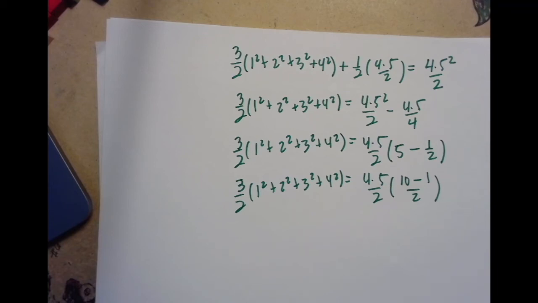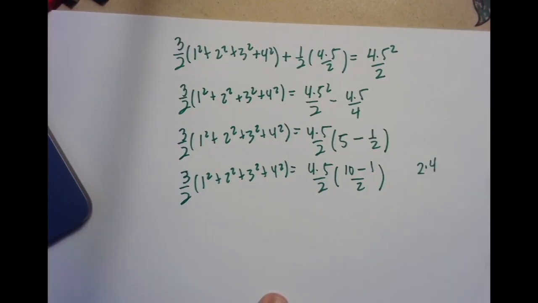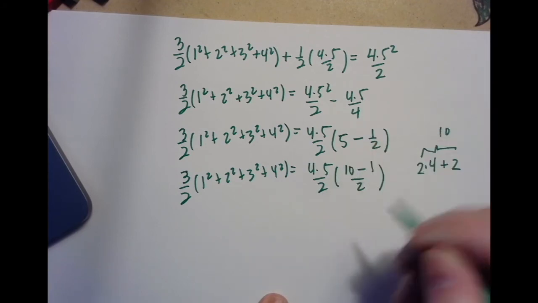Now, remember the 4 is kind of the important thing here. So how can I write the 10 with a 4 in it? Well, if I did this off the side, if I took 4 and I multiplied it by 2, that would give me an 8. And then if I added 2 to it, that'd give me a 10, like that.